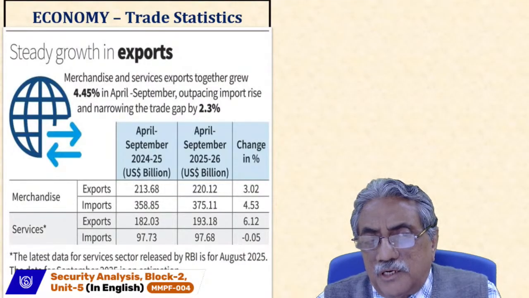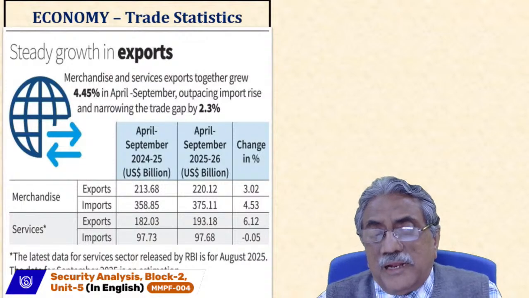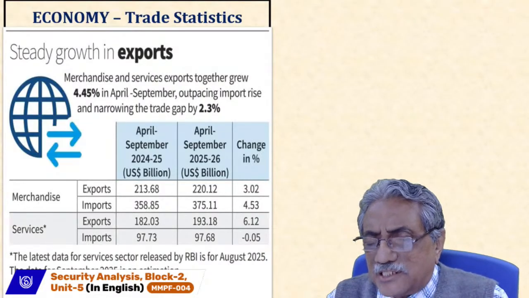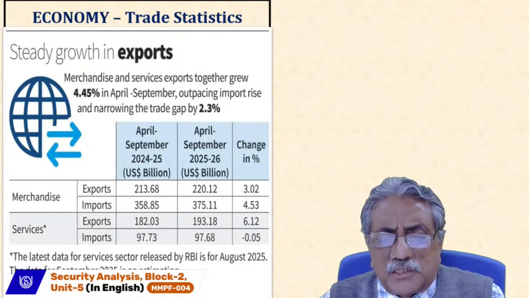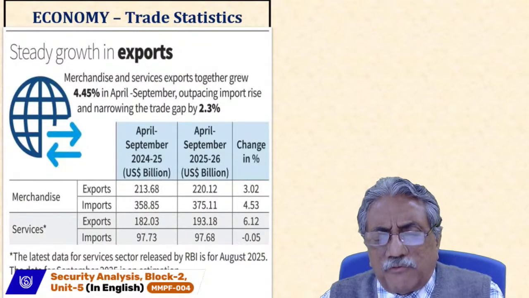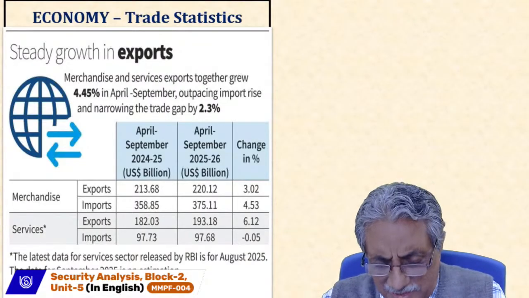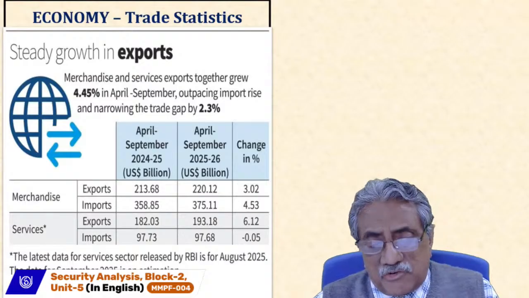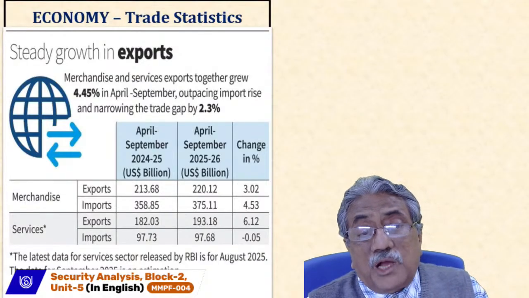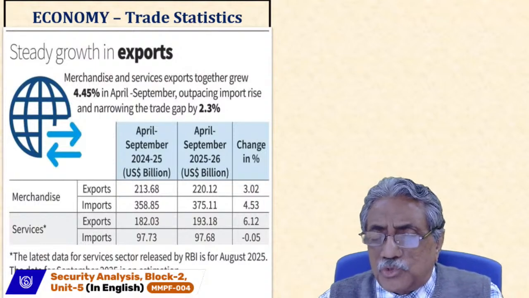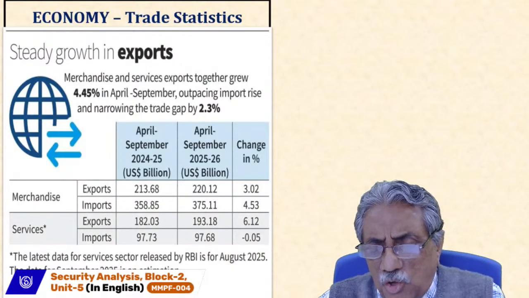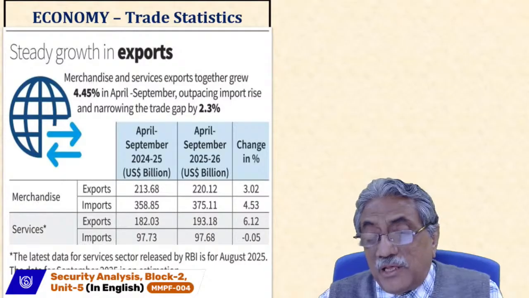Third, my exports, my international trade, is increasing in spite of all odds against India. There is the geo-economic problem from America, and also some other countries. But in spite of that, we are entering into FTAs, free trade agreements, with different countries, and bilateral trade agreements with some countries, and we are increasing our export as well as import. So merchandise and service import and export are also growing. These are all indicators of a happening economy.